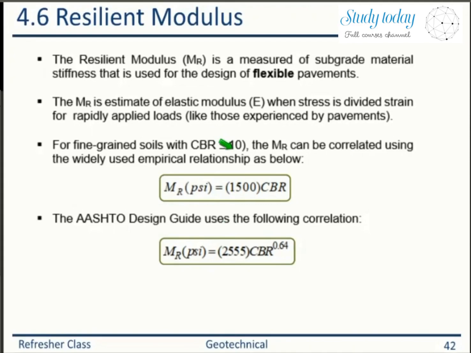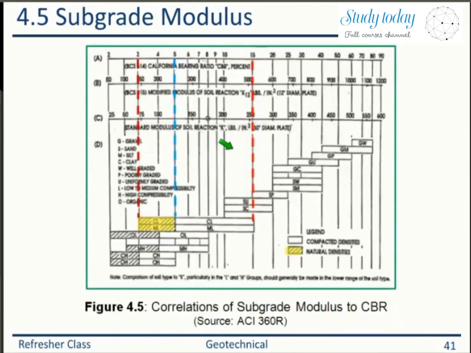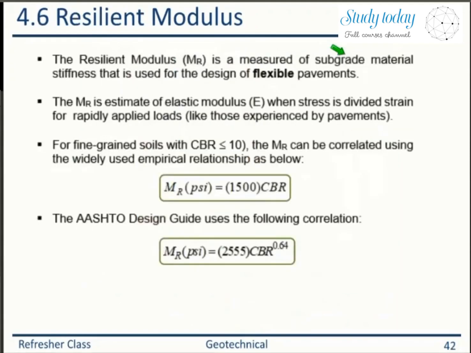Your coarse grain soil will have a CBR value higher than 10. Correct? If you look here, sand will have a CBR value higher than 10. So that 10 indirectly tells you these are for silt and clay.